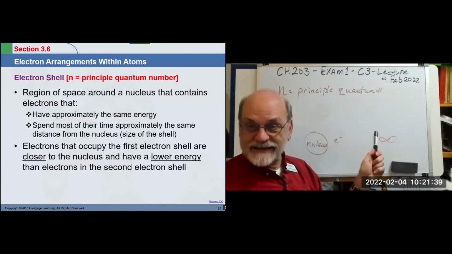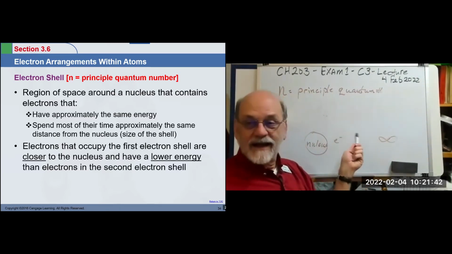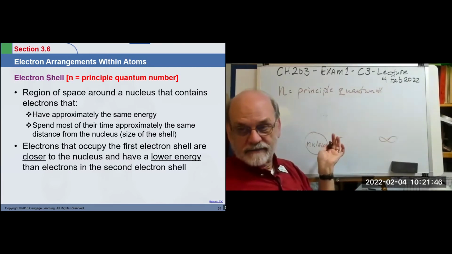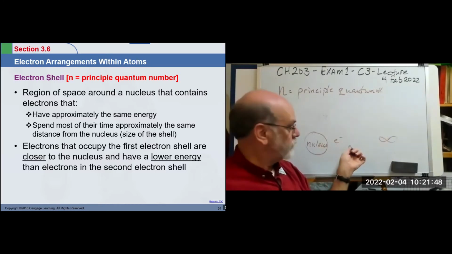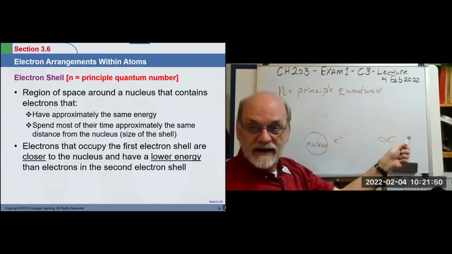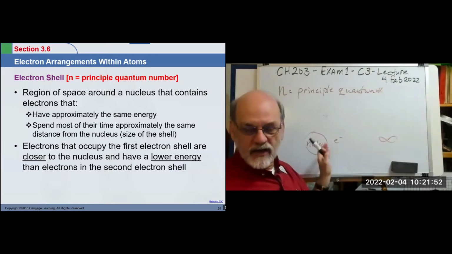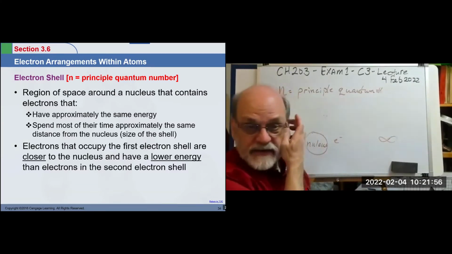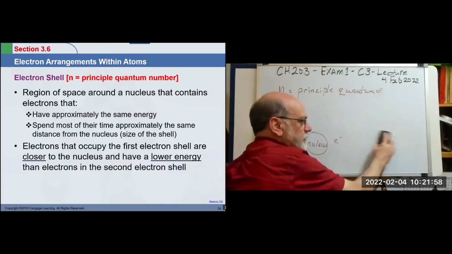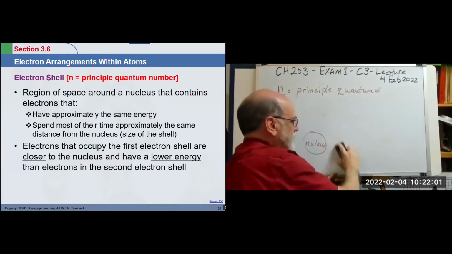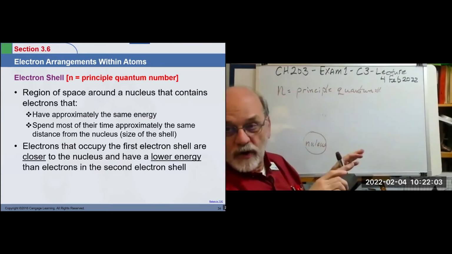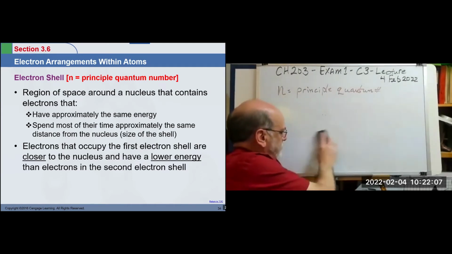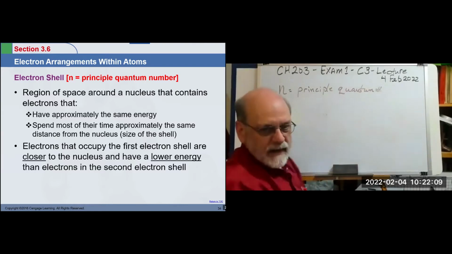When it reaches that distance, now you have an ion, a positively charged ion. If we remove one of the electrons to infinity by adding energy, now you have an ion. Okay, so that's the concept for energy. Closer is lower energy.